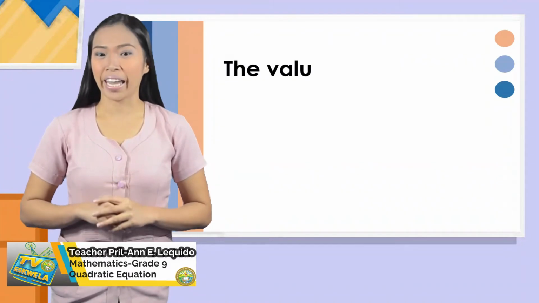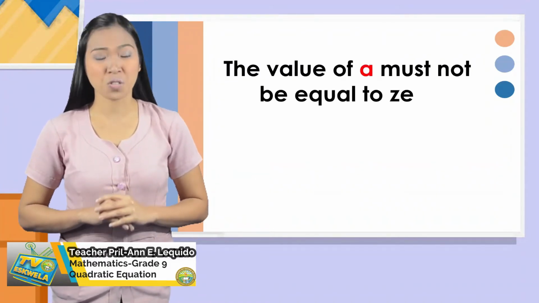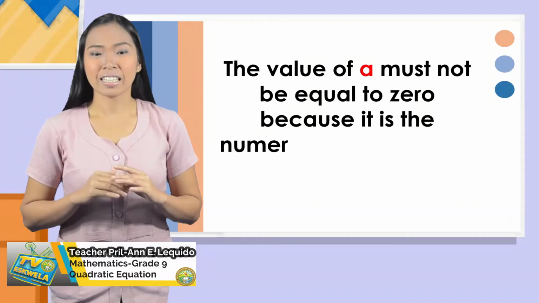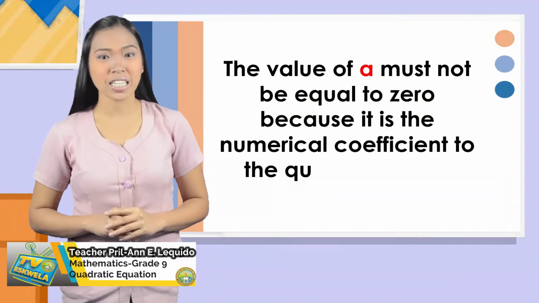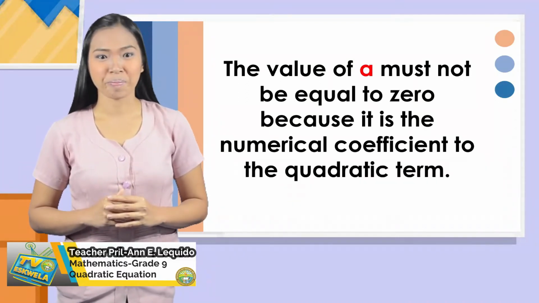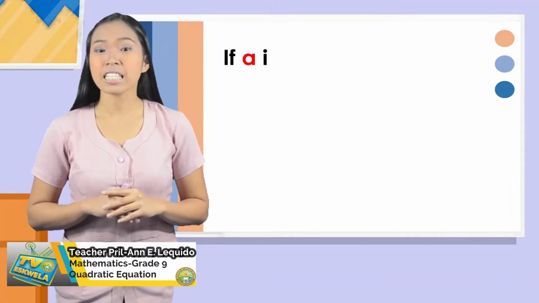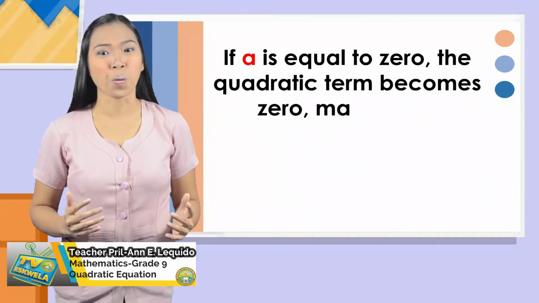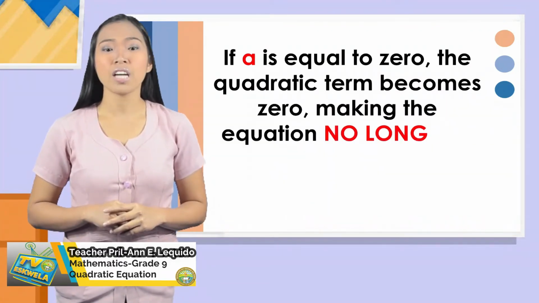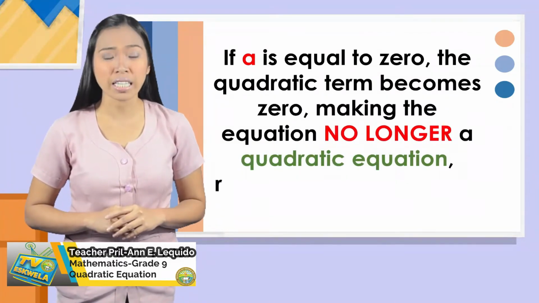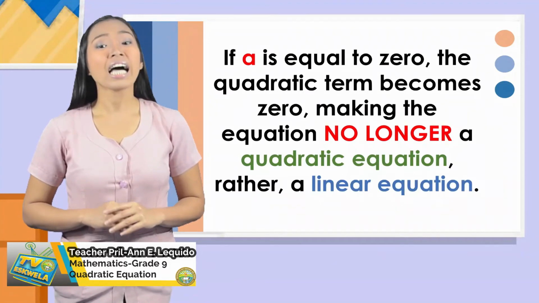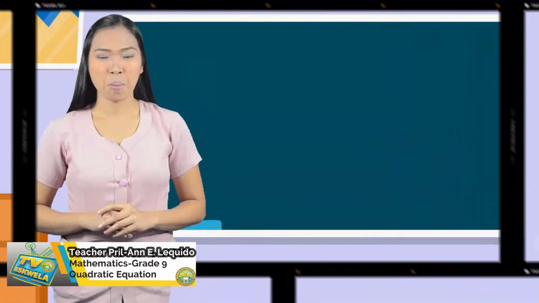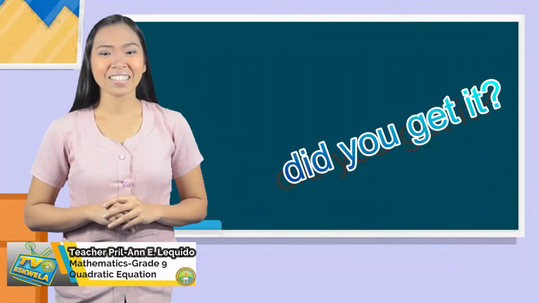The value of a must not be equal to 0 because it is the numerical coefficient of the quadratic term. If a is equal to 0, the quadratic term becomes 0, making the equation no longer a quadratic equation, rather a linear equation. Did you get it?